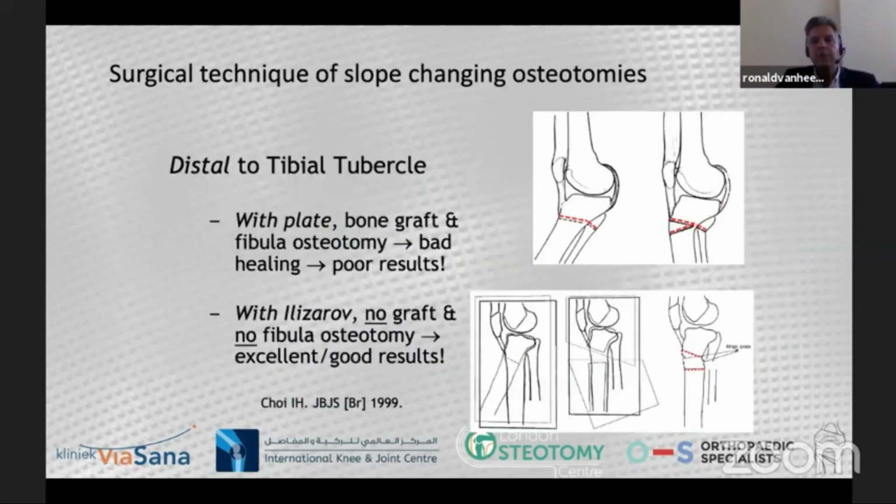If you look at slope-changing osteotomies, you have to realize that in your surgical technique, you have to deal with the tuberosity. Why is that important? Well, it's a big difference if you make your osteotomy and your correction distal to the tuberosity, where the bone heals not so easily, where you need all kinds of plating because of large forces acting out there.